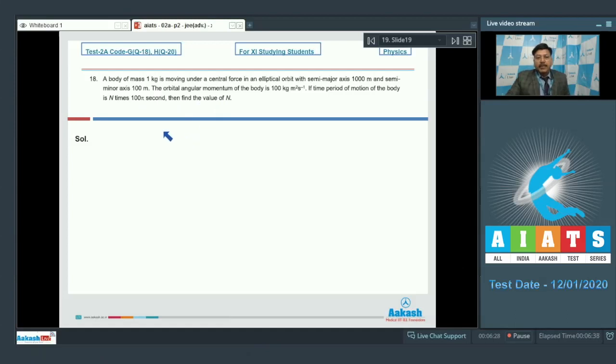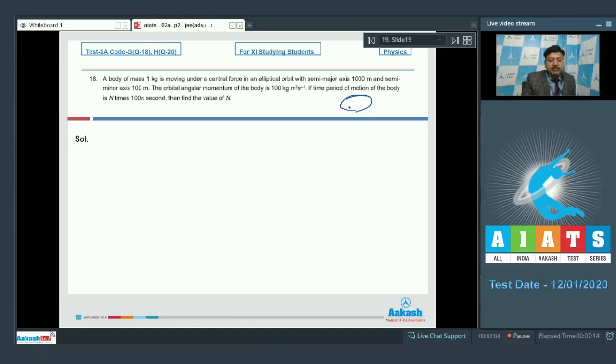Well, the body is moving in an elliptical orbit, so the concepts of Kepler's laws are in fact applicable here. So that means we need to apply concepts of aerial velocity, angular momentum, and the relation between the two.